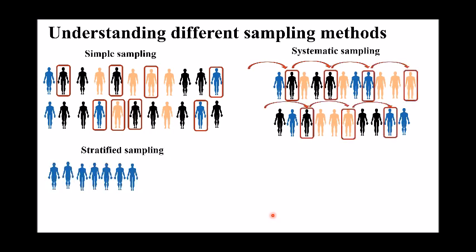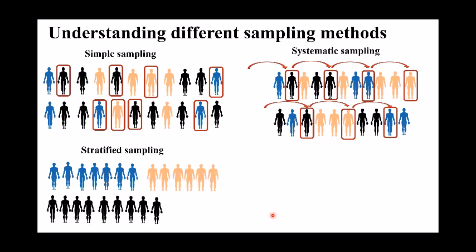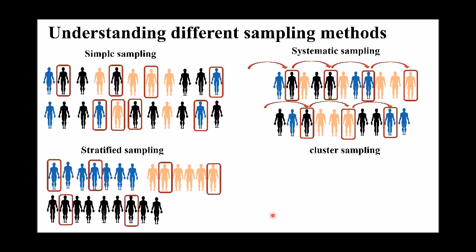Now, stratified sampling: you stratify your population according to their characteristics, so this color versus this color versus this color. Then you select an equal number of individuals from each group. That's called stratified sampling. Now, cluster sampling: you make clusters of all the characteristics.